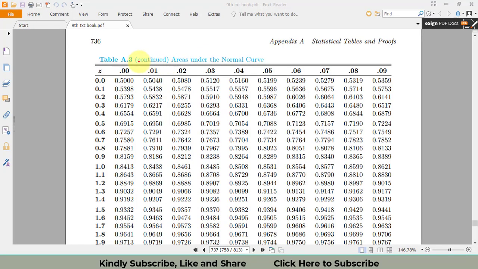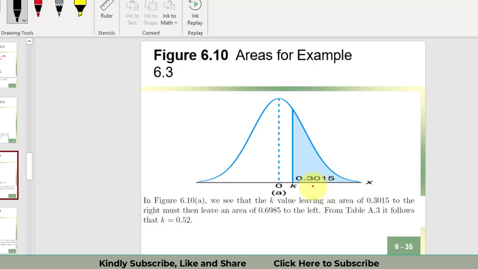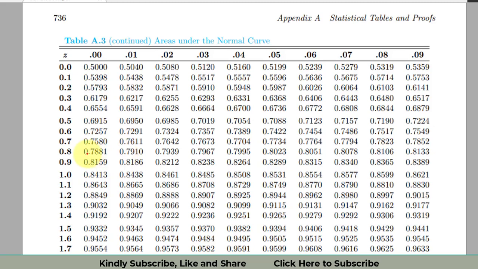I have opened the table A3 in your book. The heading of the table is areas under the normal curve. In the presentation, we have z value equal to 1.84. So in the table, we will look at the probability associated with the z value 1.84. First, you will check the z column in the vertical downward direction, and you will see 1.8, but you need 1.84.